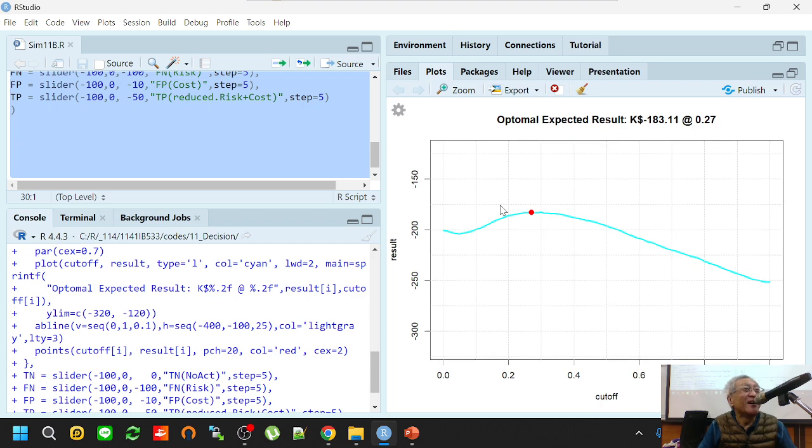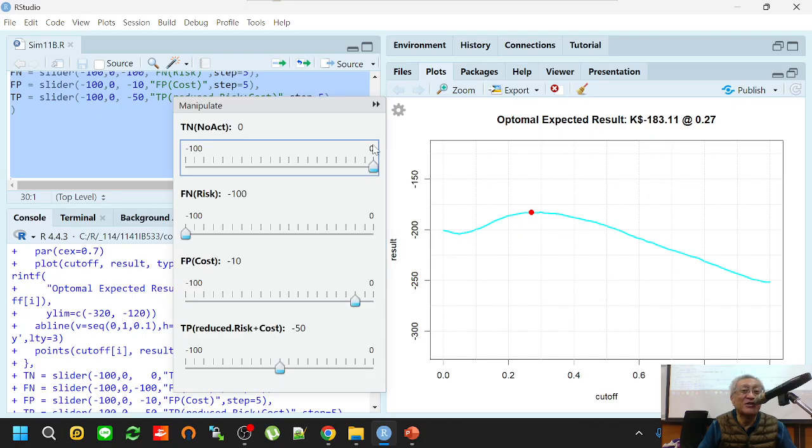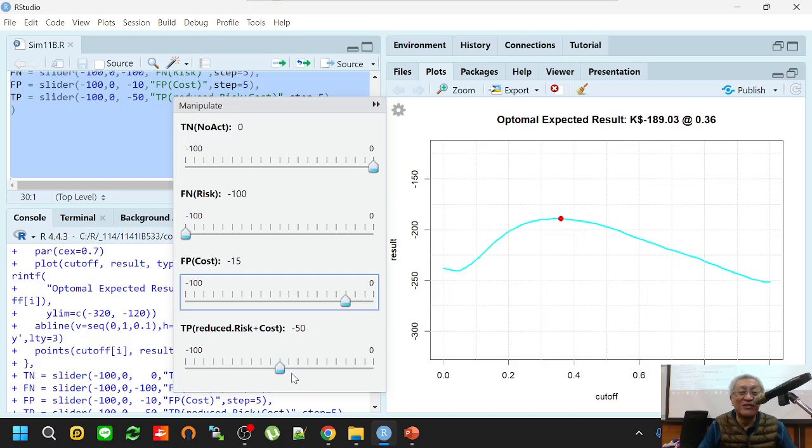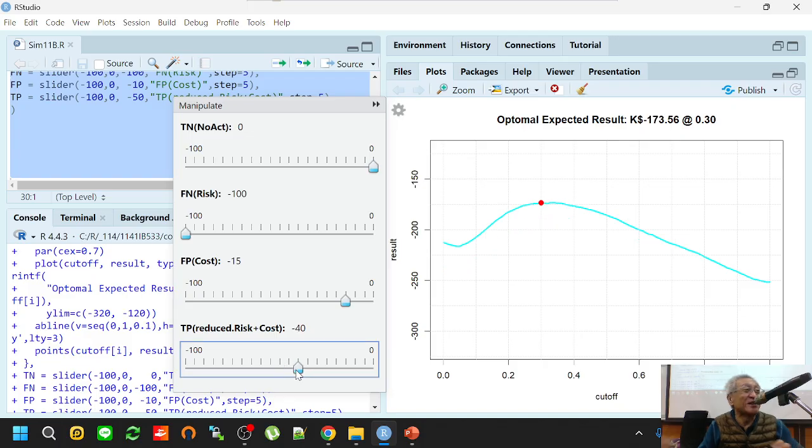In order to get this simulation, we make some assumptions about our cost of prevention, and also the effect of our prevention action. So basically, if you change this assumption, the result of the simulation will change with it, right?